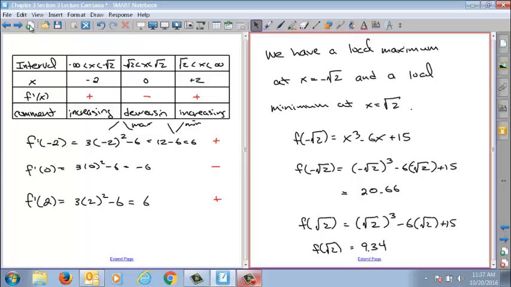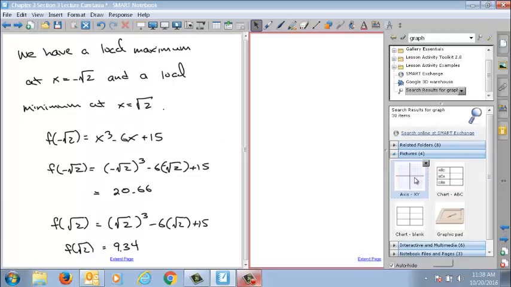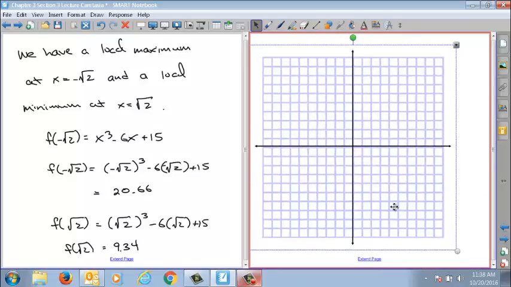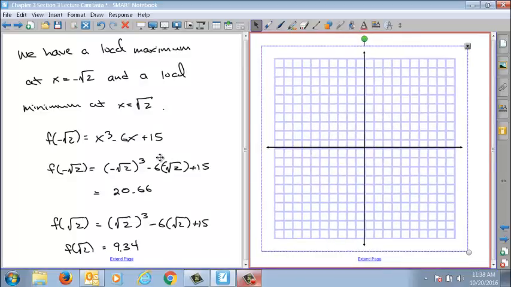So if we add a graph, I have to decide on the scale. What I'm going to do is go to 5 here. It's negative 5 to positive 5, just because most of this is happening around 1.